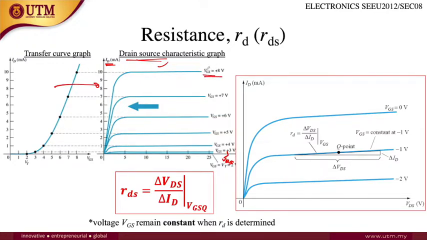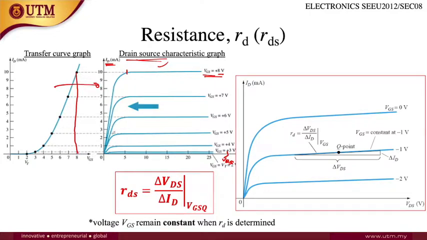You can see when VGS is equal to 8 volts, for example, the value of VDS will increase. At some point, it will become saturated, so there is no change in the drain current, and the drain current becomes maximum.